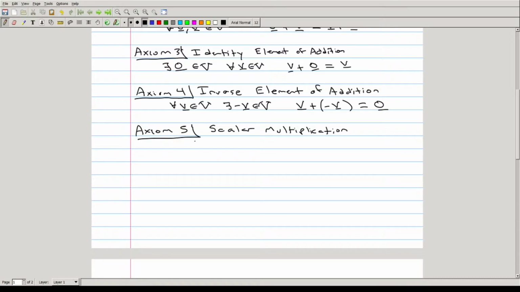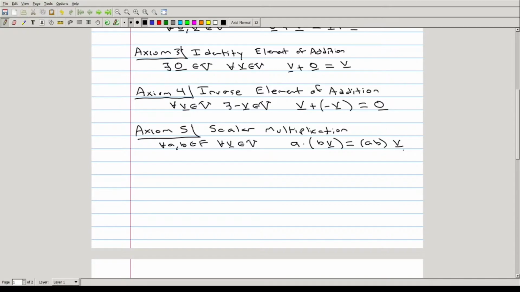And this simply states that for all constants a and b in the field F, and for all v in V, if I look at the scalar multiplication of a with the vector bv, this is the same thing as scalar multiplication of a times b times v.